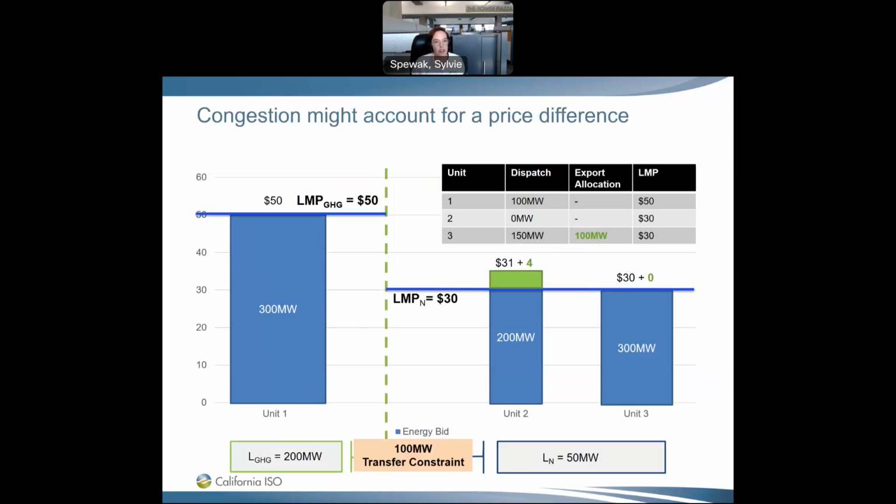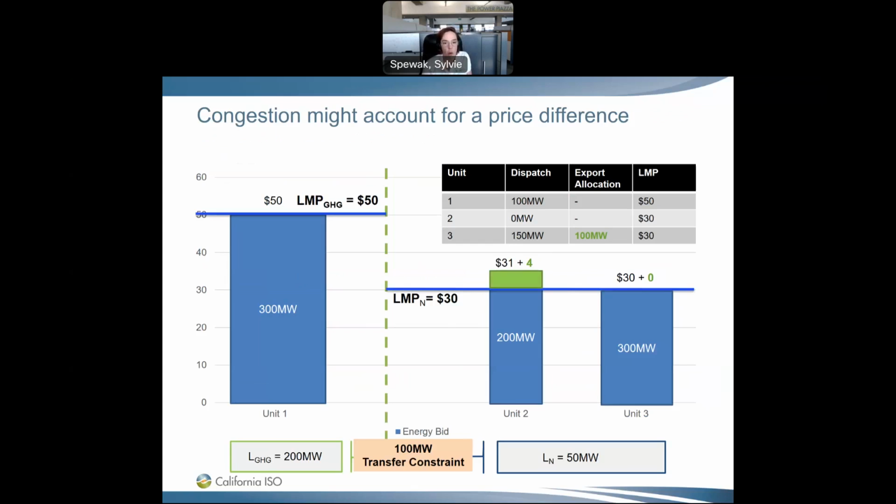This is a different example where we have the same resources as before, and load is the same, but now we run into a transfer constraint. We can only dispatch up 50 megawatts to meet load, and 100 megawatts can be transferred out in the non-GHG area.